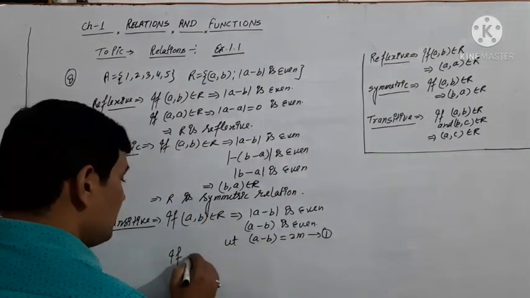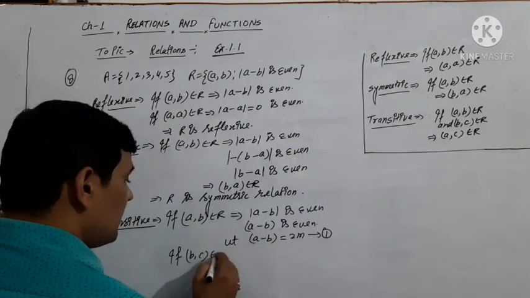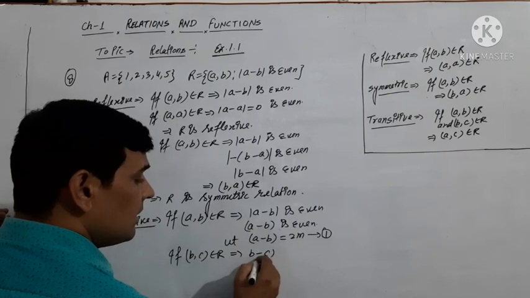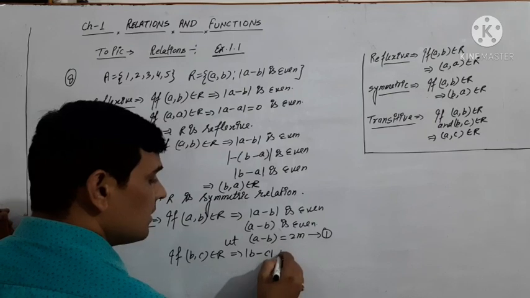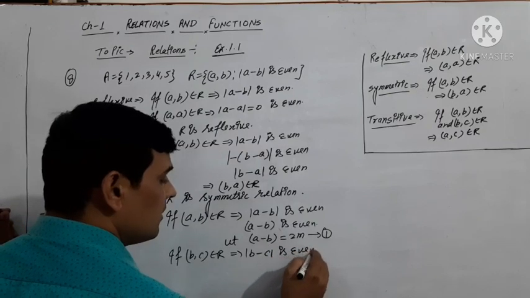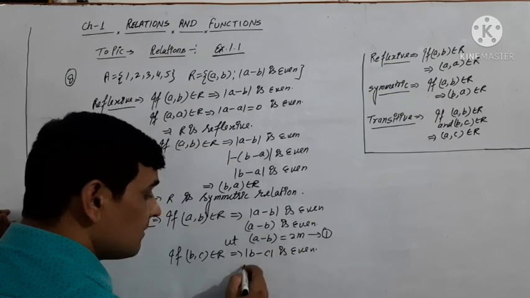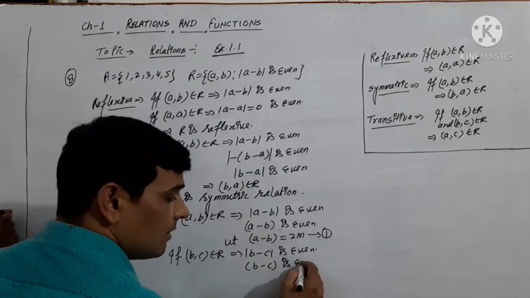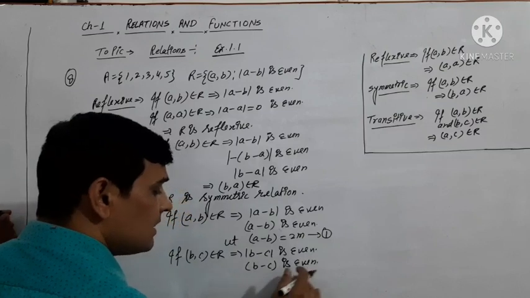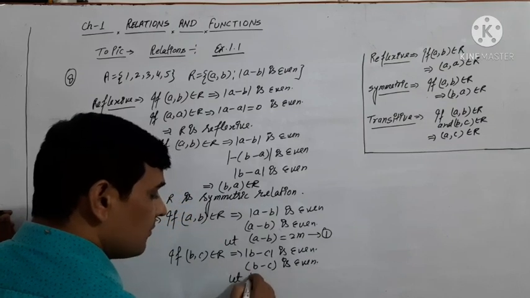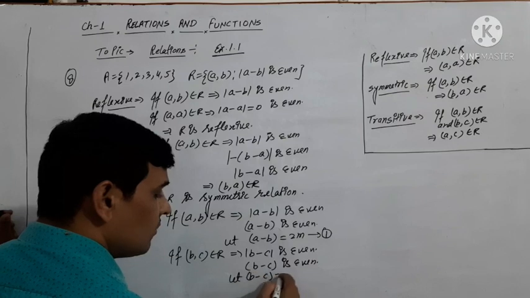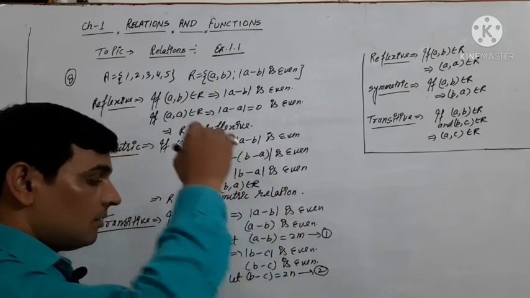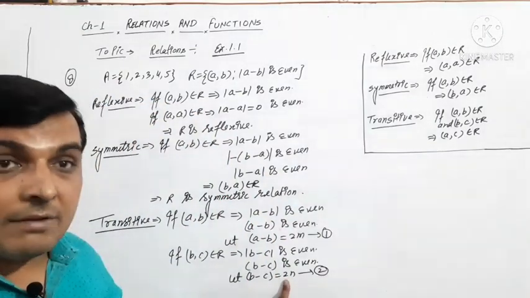Now if (b, c) belongs to R, then what will be the condition? Modulus of b minus c is even. And if modulus of b minus c is even, then without modulus b minus c is also even. So let b minus c equal to 2n, of the form of even numbers.